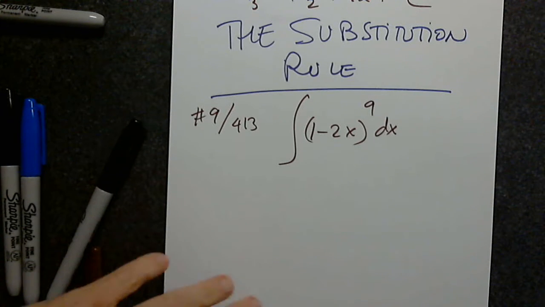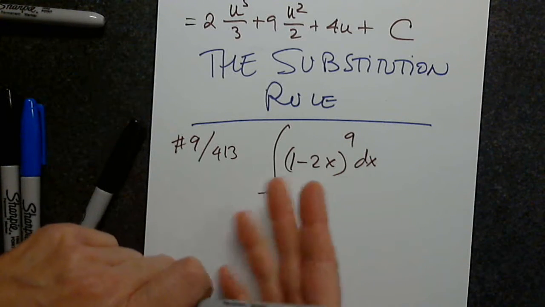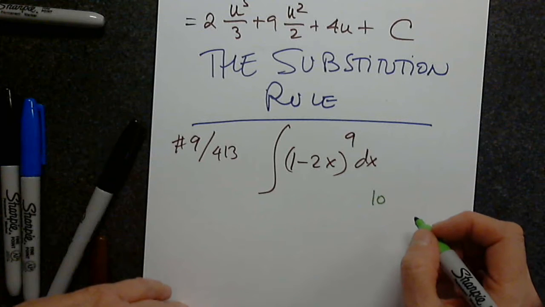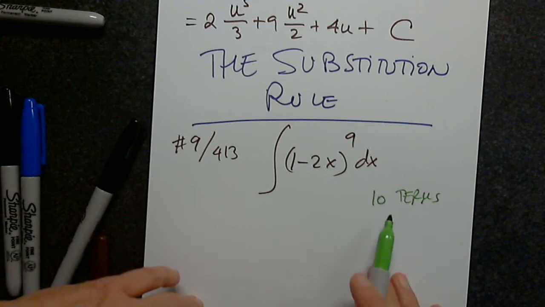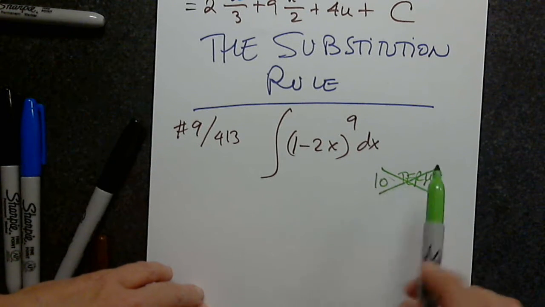I'm looking at this function and I see a binomial to the 9th power. If I were to raise this to the 9th power, I would have 10 terms. And then I will integrate 10 terms. I don't want to do that.